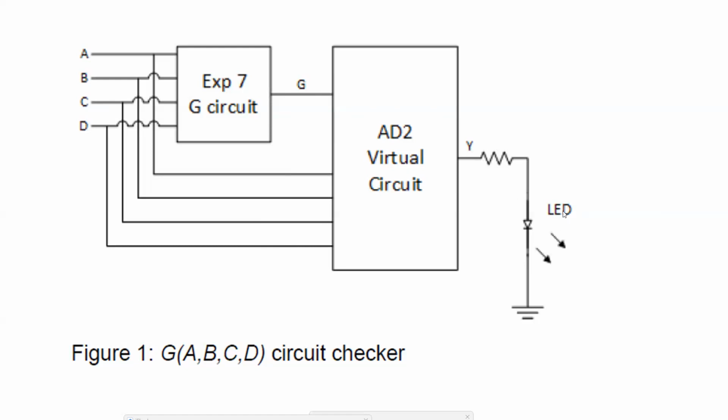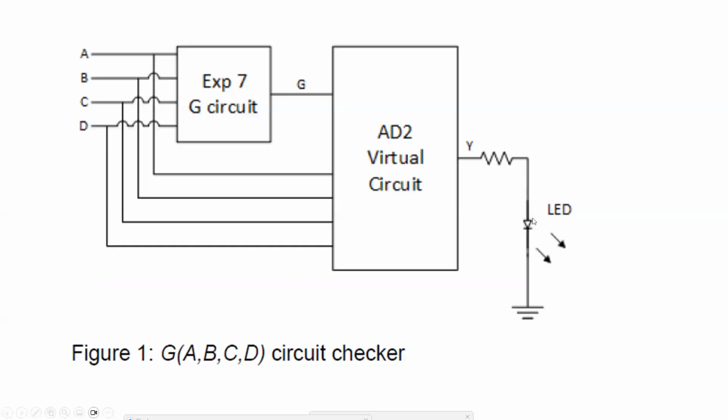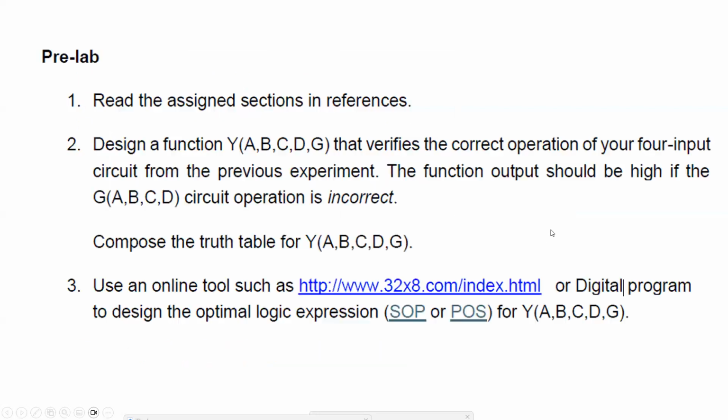I think the output has to be 1 if it is incorrect. So you need to turn this LED on when the output here is incorrect, when this circuit does not produce a correct output.